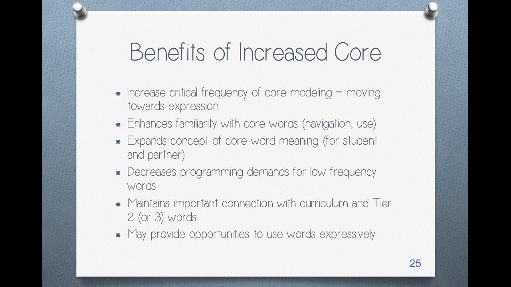We know that we need a certain quantity of modeling of core words or any words in order to move our person with Angelman syndrome or other complex communication needs toward expression with that word. So we need numbers, we need frequency, lots of use of the same word in different contexts. So the more we can find opportunities to use the word, the higher those numbers go, the faster they grow.